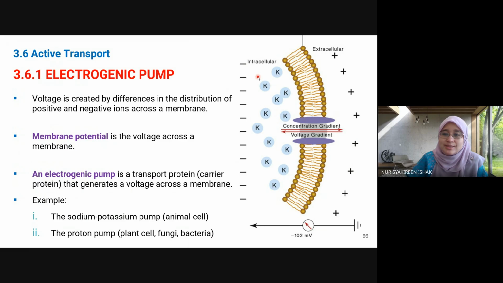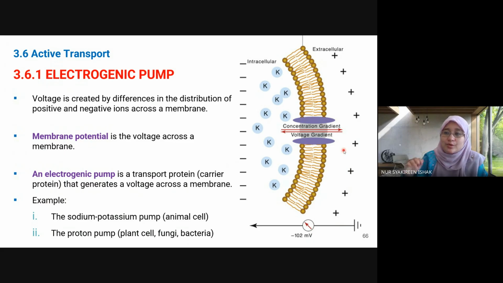The difference of charge inside and outside the cell we call membrane potential. The difference in charge creates a membrane potential that can be measured in voltage. Membrane potential is the voltage across a membrane, usually negative inside, positive outside.